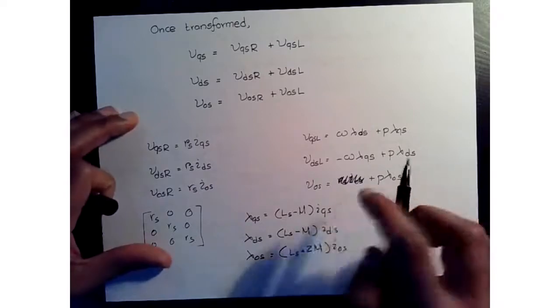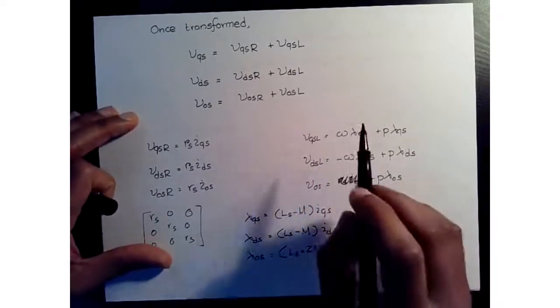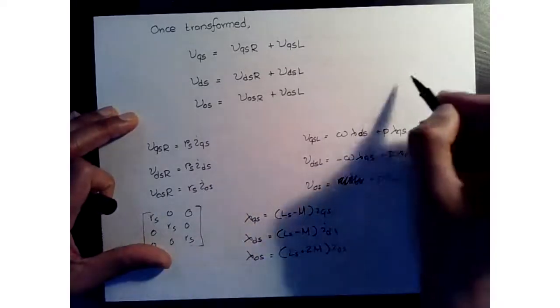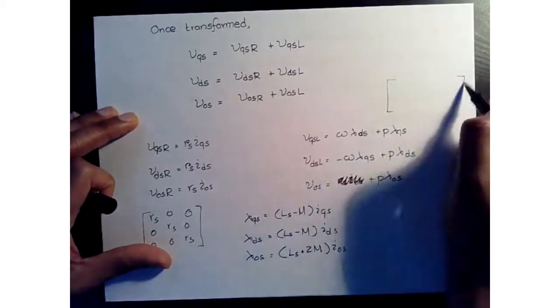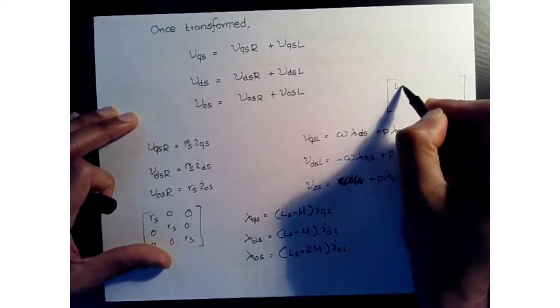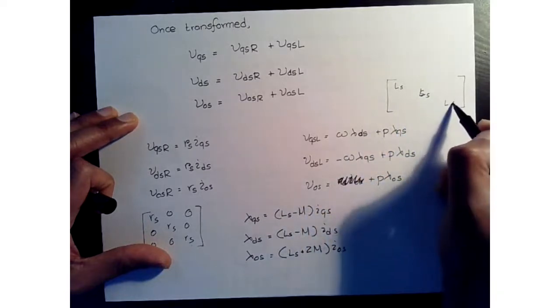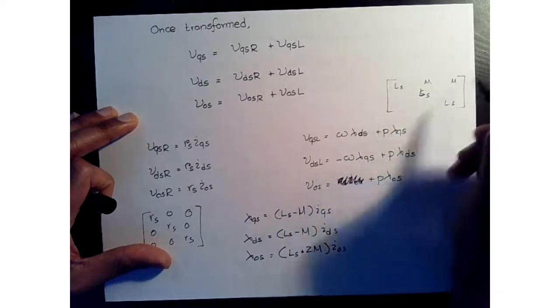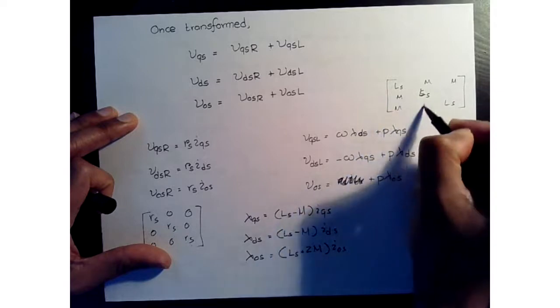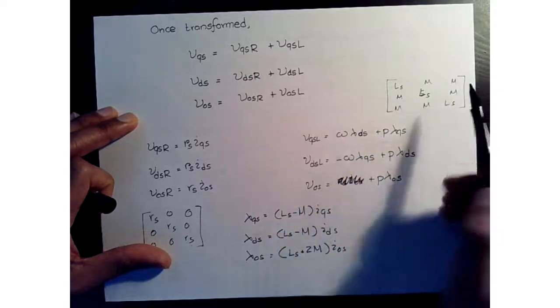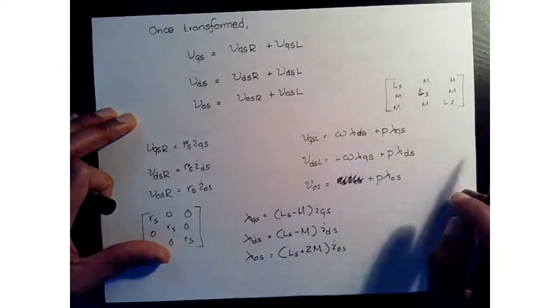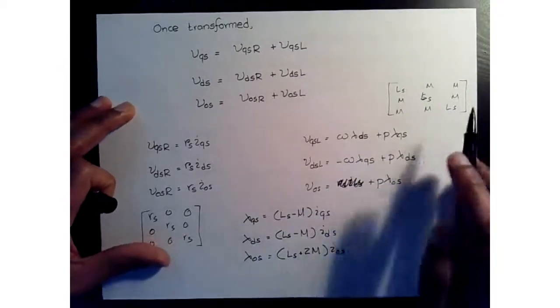However, we showed that if we have a coupled inductance, not inductance just on the diagonal, but an inductance in the following form, LS on the diagonal and M everywhere else, this is a balanced, symmetric winding set, ideal at least.